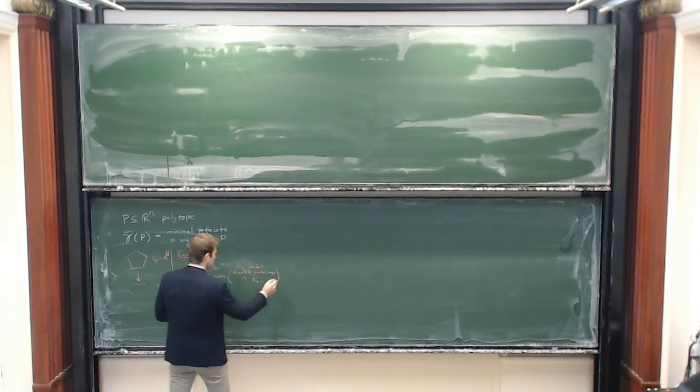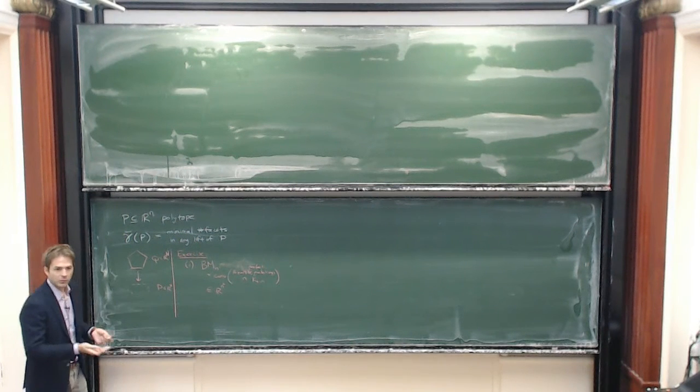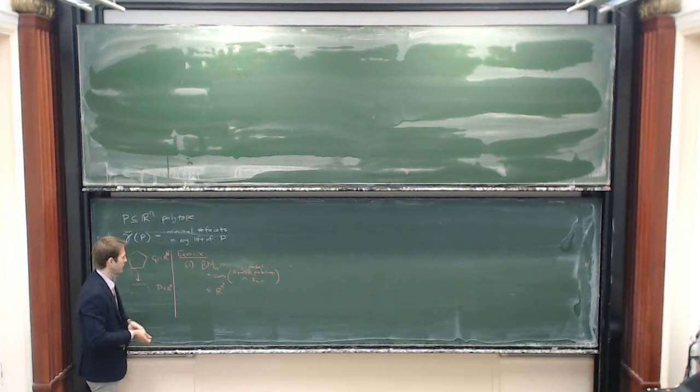And just so it's clear, this is sitting inside n squared dimensions. We have K_{n,n}, there are n squared possible edges. Every vertex here will choose n of those edges that correspond to a perfect matching.